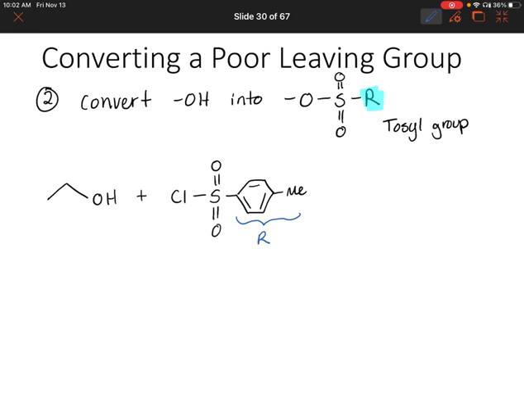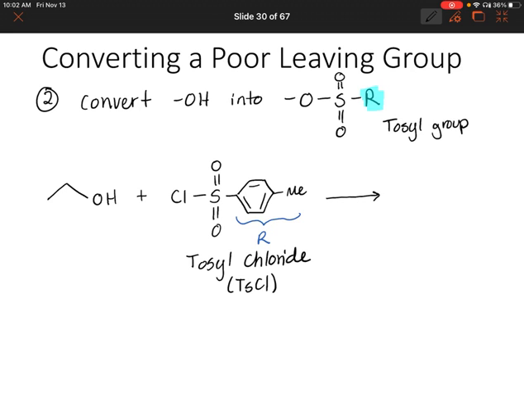And that's just a way to abbreviate that group, since it is quite large. So this is our tosyl chloride, and we can abbreviate that as TsCl.